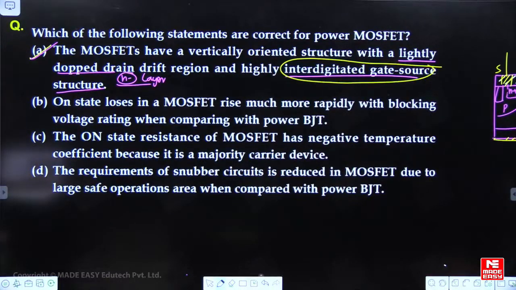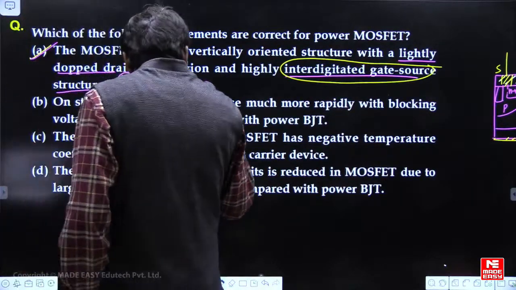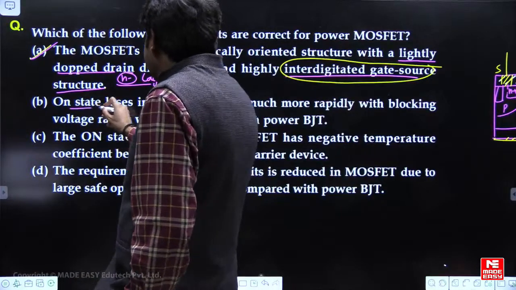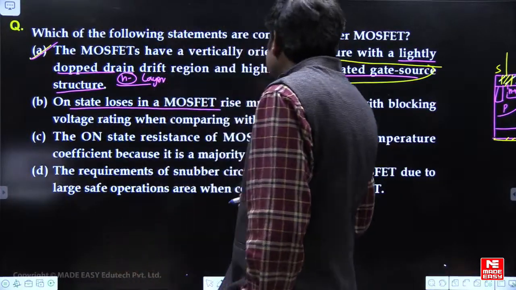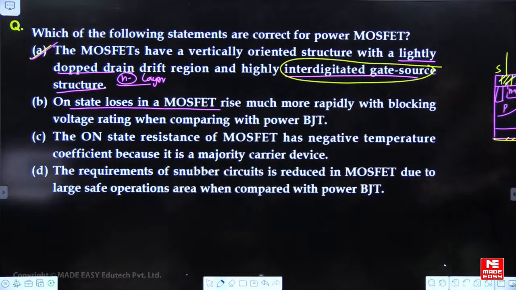On-state losses in a MOSFET rise much more rapidly with blocking voltage rating when compared with the BJT. So did you understand the second one?